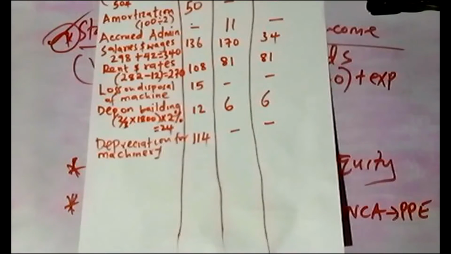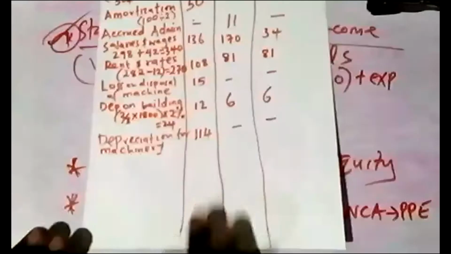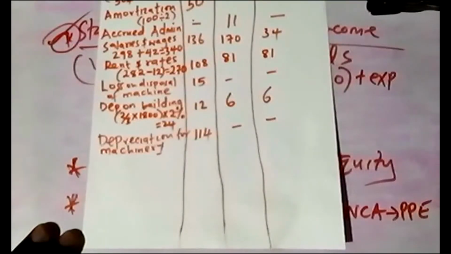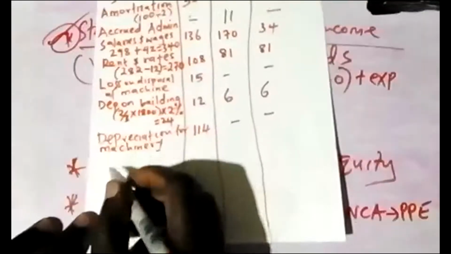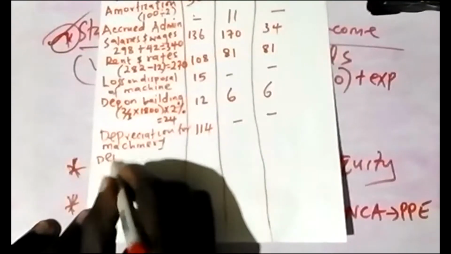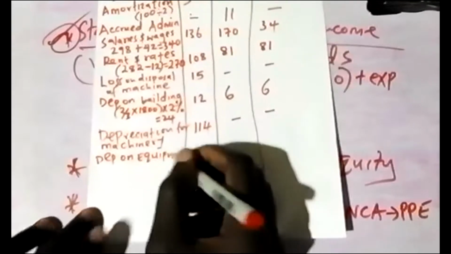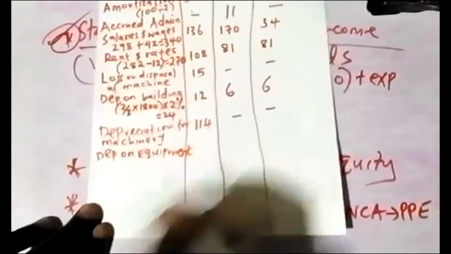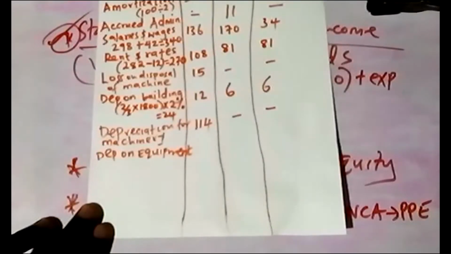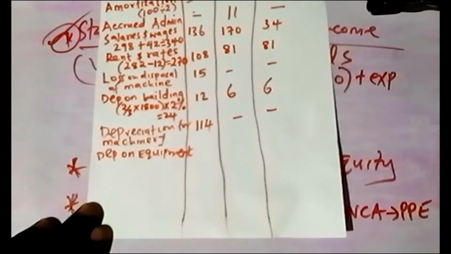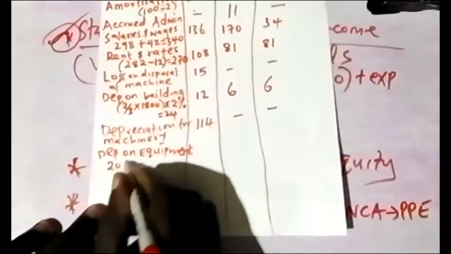After that, we do the next one, which is the depreciation on equipment. Remember that this is reducing balance, so I take my cost minus accumulated depreciation. I have to use 20%.